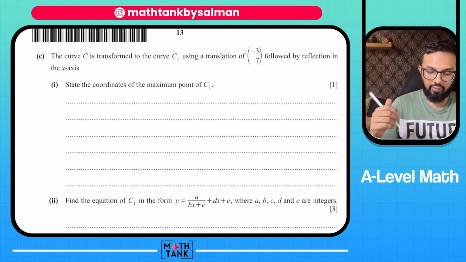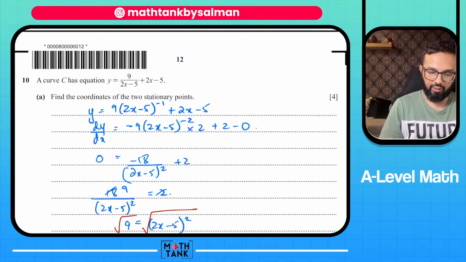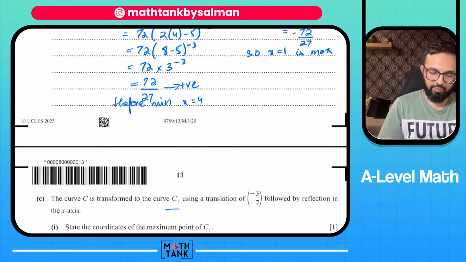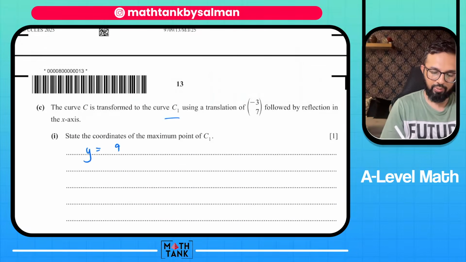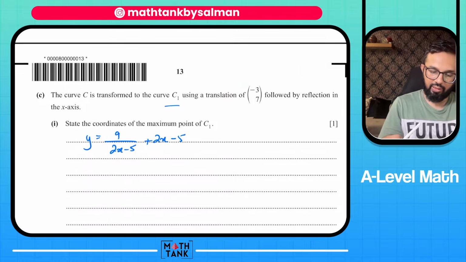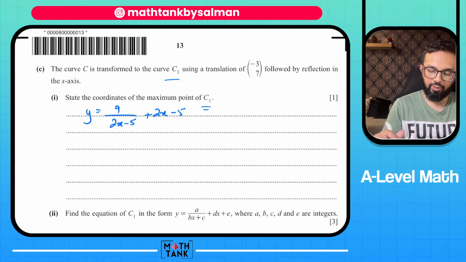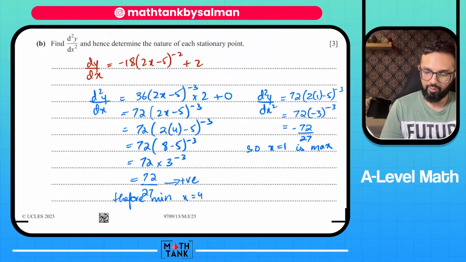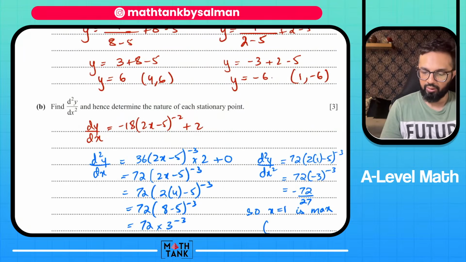Part C says the curve C is transformed to the curve C1. The curve C: y equals 9 over (2x minus 5) plus 2x minus 5. Using a translation followed by a reflection in the x-axis, state the coordinates of the maximum point of C1. What were the coordinates of the maximum point? 1 comma minus 6.